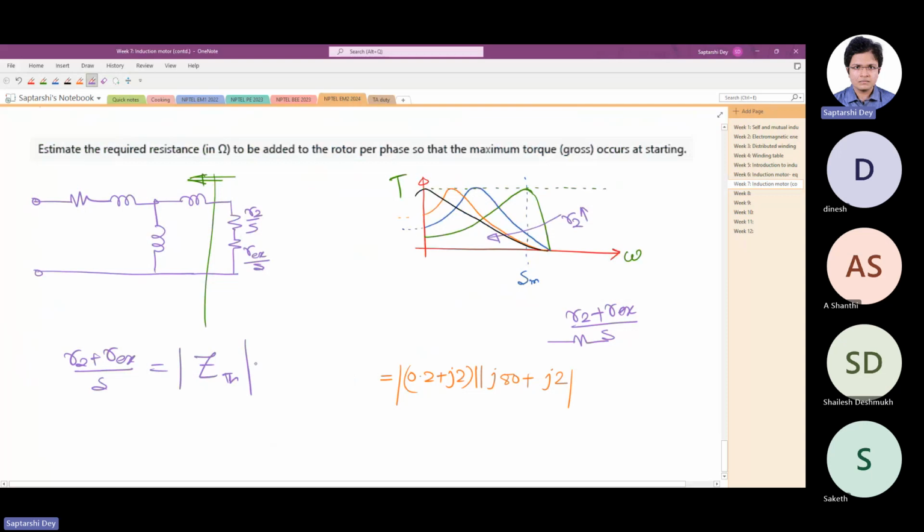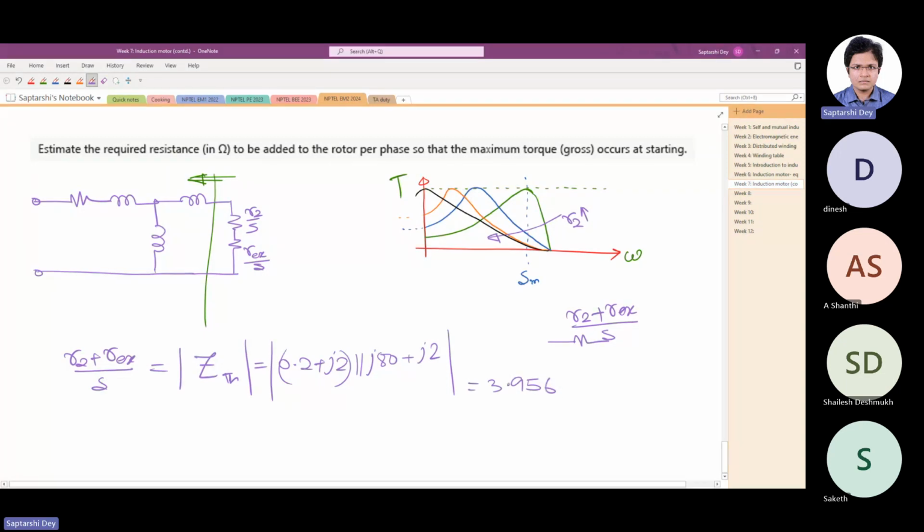This we have brought from the maximum mechanical torque. There we got this 3.956 ohm.